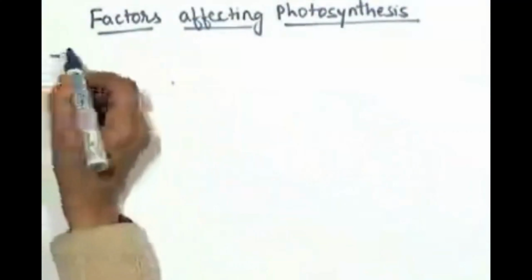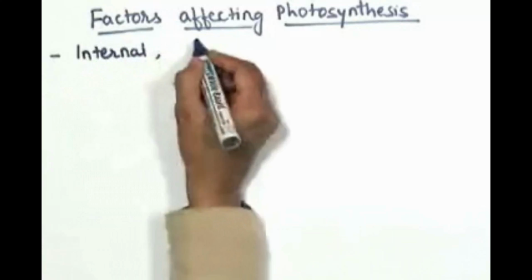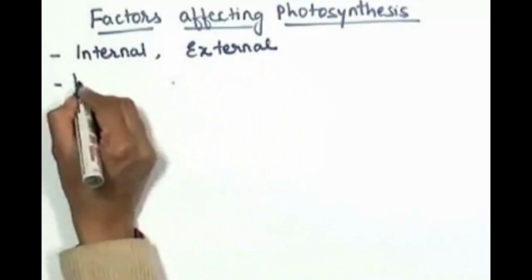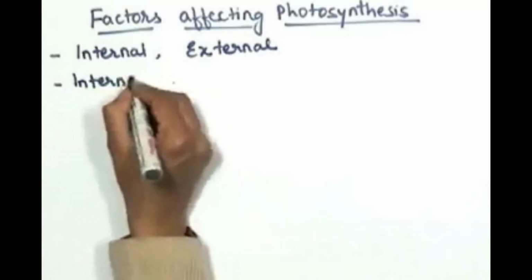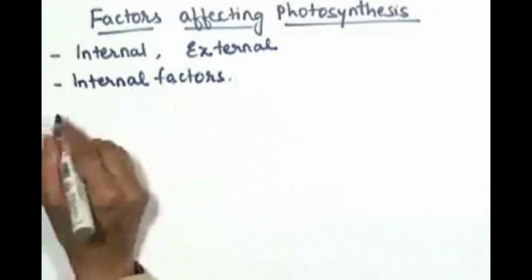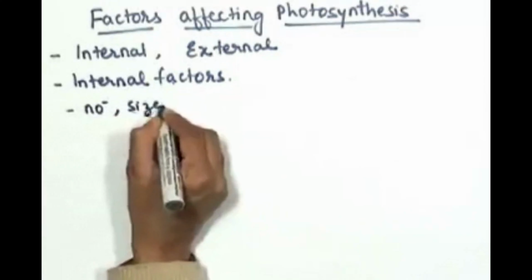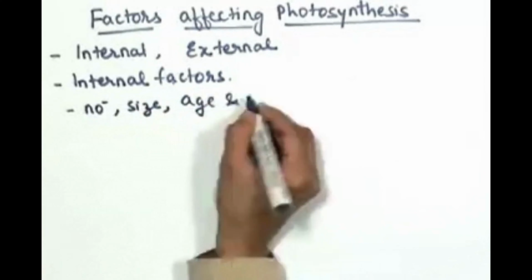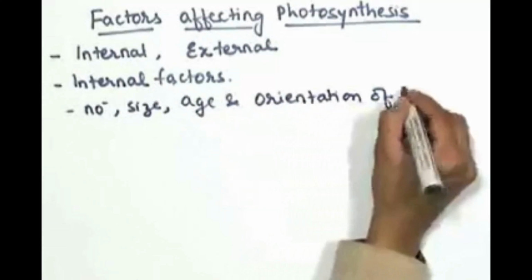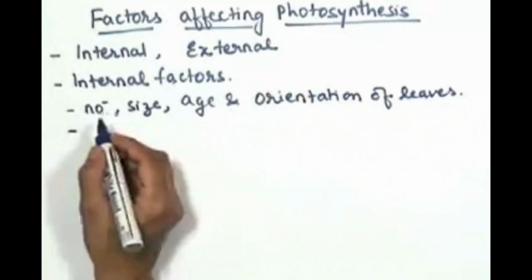Factors affecting photosynthesis: one is internal and the other is external. Let us first talk about the internal factors. Internal factors involve number, size, age, and orientation of leaves, that is, whether they are facing the sunlight directly or not.